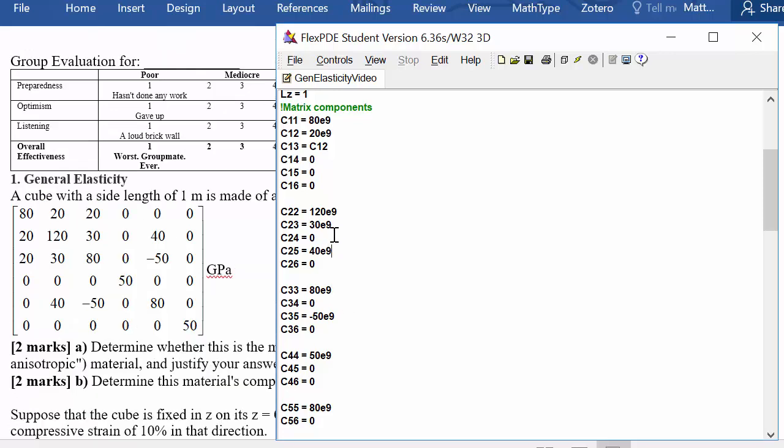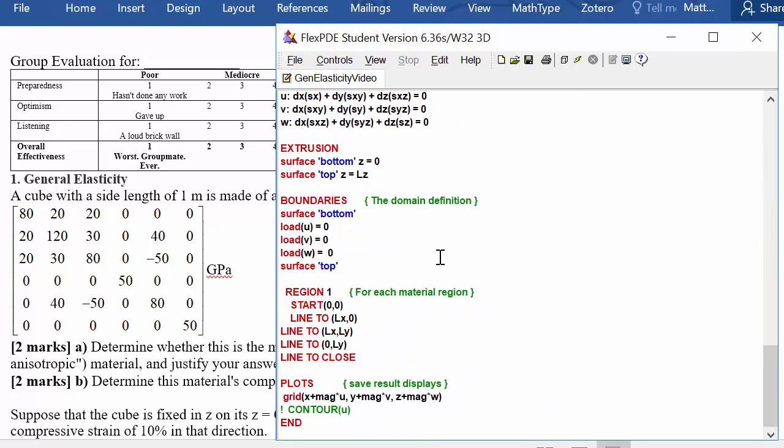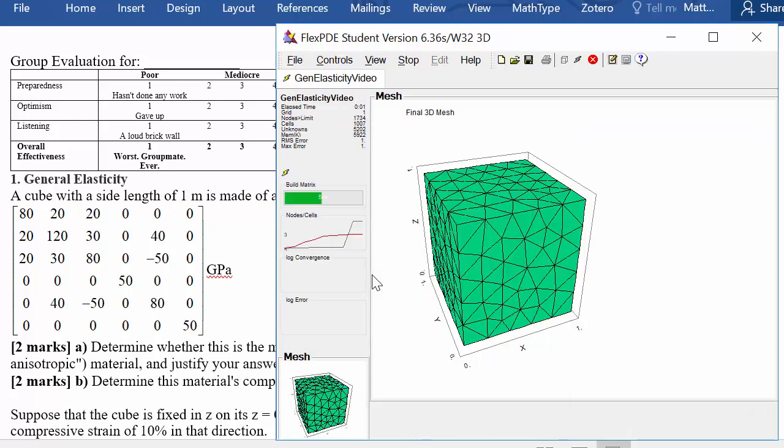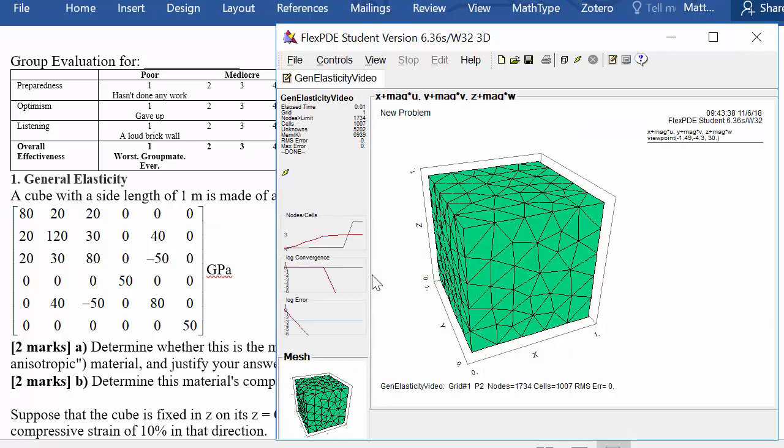Then we've got a 40, 30, 120, and a 20, 20, 80. Okay, everything looks good. So now we'll see if the code works. So, success. It does something.